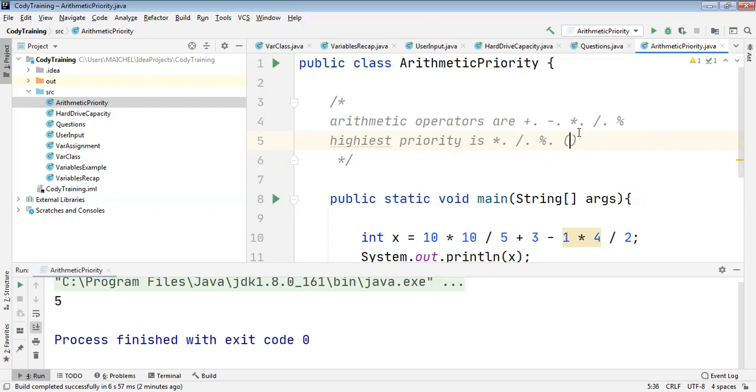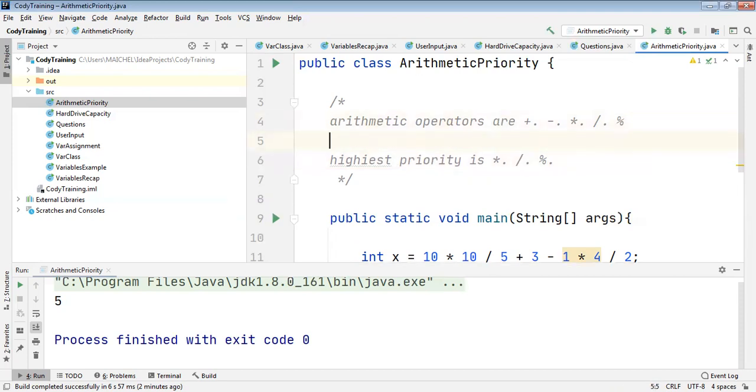Like here, for example, if I have some equation in between brackets, this will get the highest priority. This one is even higher priority than this one. This is the highest priority if we have an equation in between brackets. Okay, so this should be number 1.